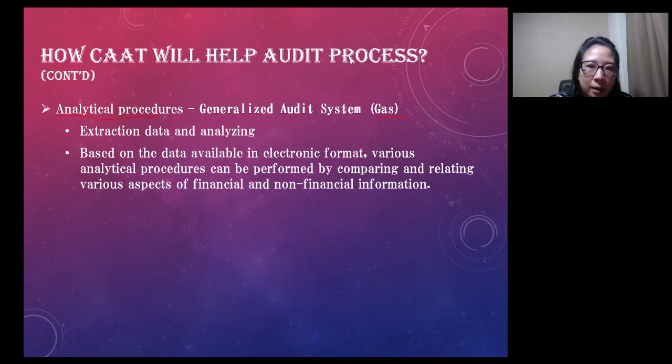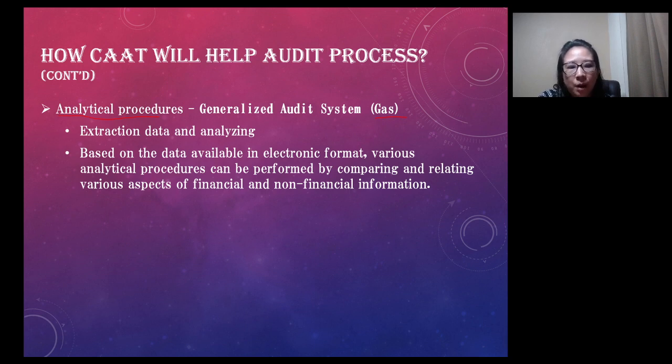So what the CAAT tools do is actually extract the data and then do the analyzing, and the analyzing depends on the audit objective, for example whether they want to check the financial things, whether the report is already correct or not. Okay, so basically the analytical procedure will extract first and then do some queries using the data that was already extracted.